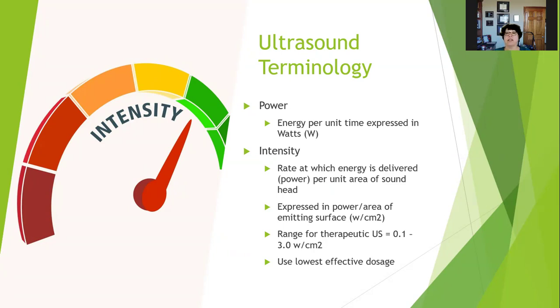Power over the area. The range for therapeutic ultrasound is 0.1 to 3.0 watts per centimeter squared, and that's what we're going to document as our intensity in our documentation. We want to use the lowest effective dosage, just like everything. Everything we do, we want to use the lowest effective dosage.